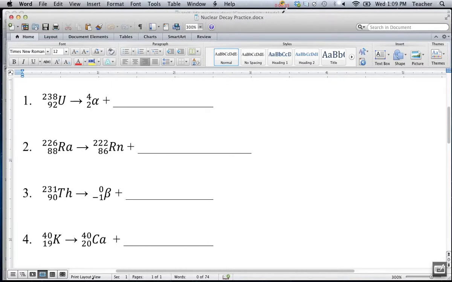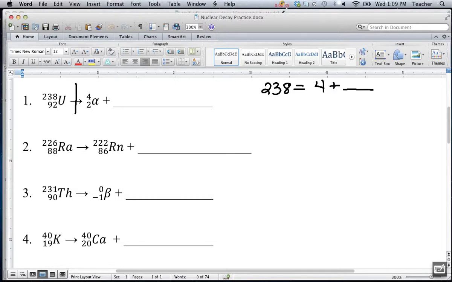So let's take a look at number one. With number one, we have the single substance, uranium, on the reactant side of the arrow. Remember, our arrow is kind of like our dividing line. So if we look at the top numbers there for mass, we take 238, and that is going to equal, there at the dividing line, 4 plus something.